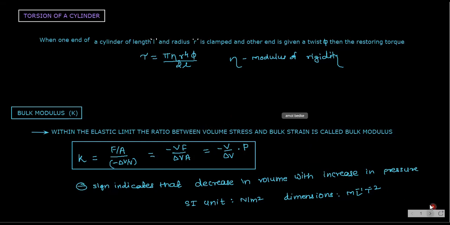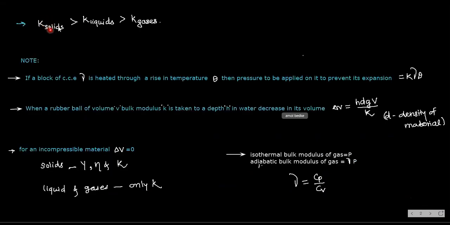Okay, next. Now, see, bulk modulus for solids is greater than for liquids, which is greater than for gases. Now let's see some note points. You can note down, because when you have to solve problems, these types of note points are important, because sometimes we have to use these formulas.